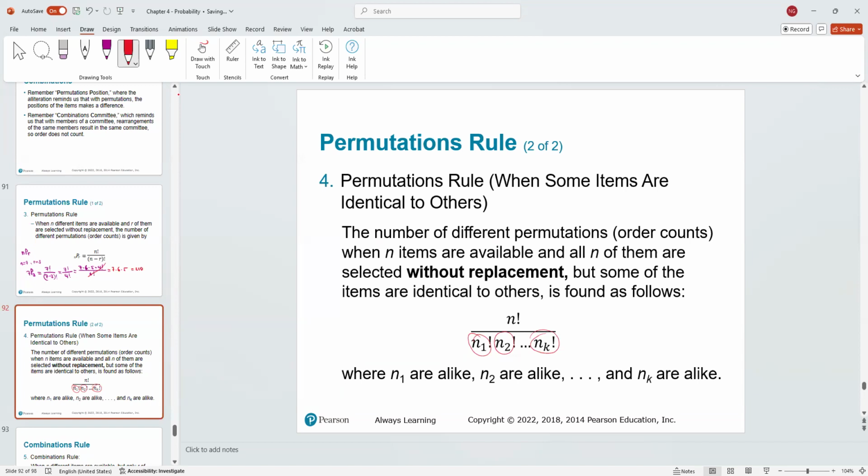In how many different distinguishable ways can the houses be arranged? 6 plus 4 plus 2 makes 12. So the 12 would be on top, and you have the 6, the 4, and the 2 in the denominator. You see, if you add up the numbers in the denominator, it's equal to the number in the numerator. So that's how we do it when there are distinguishable items.